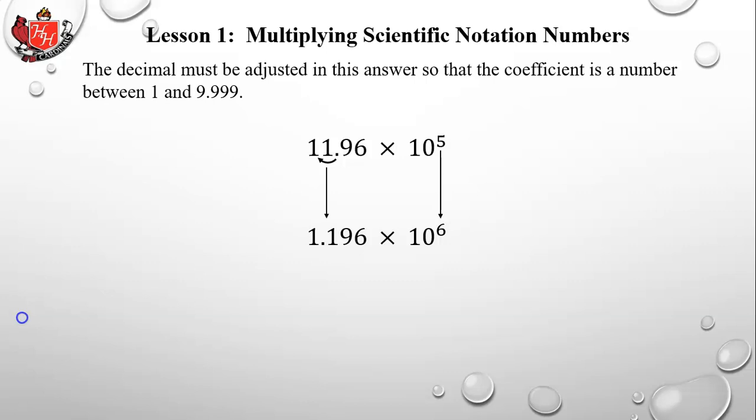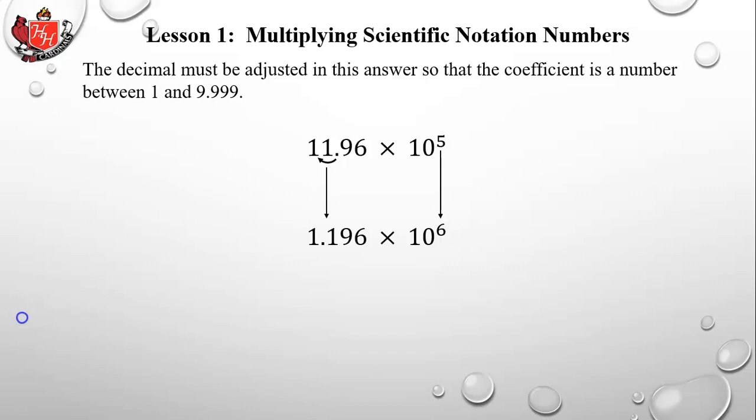Here's the reasoning. You made the coefficient smaller. You went from 11.96 to 1.196, so you have to make the exponent bigger to offset that. So those two numbers remain the same. Another way to think of it is you took 11.96 and divided by 10 to get to 1.196.